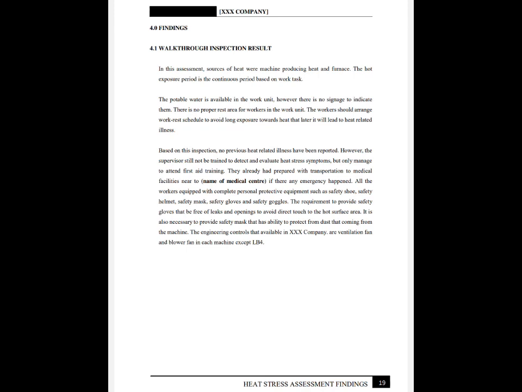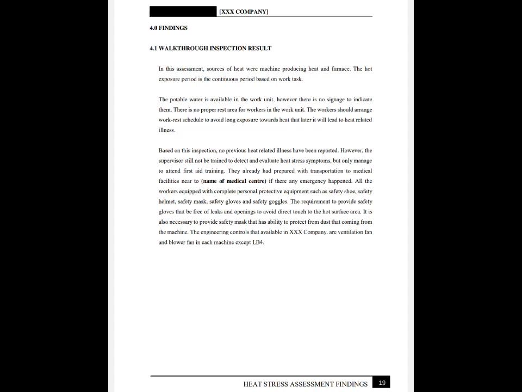Meanwhile, for the findings, they are based on the parameters mentioned in the methodology part just now. So the results start with the walkthrough inspection result.